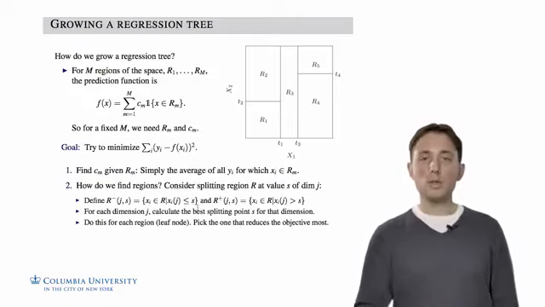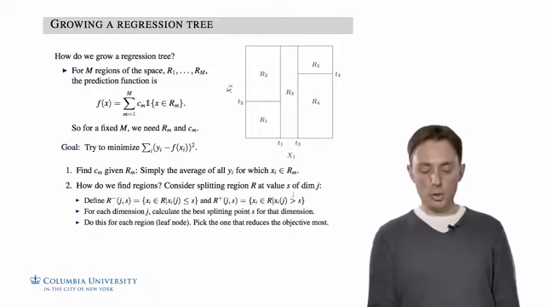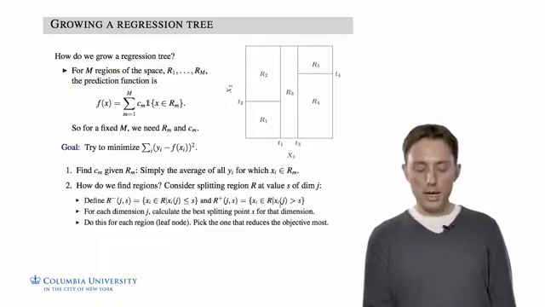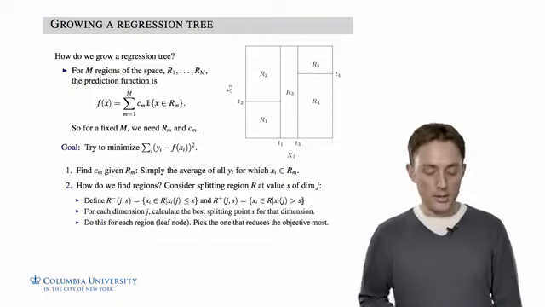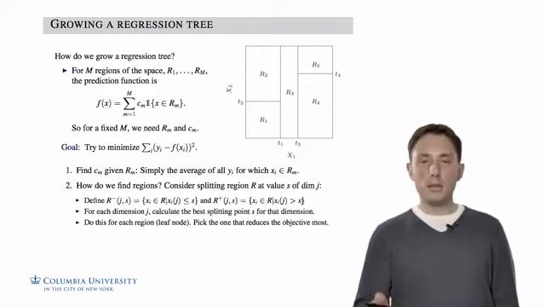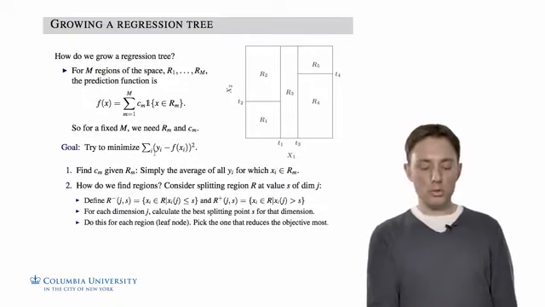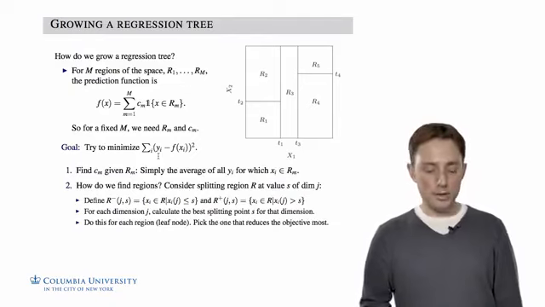So we say the resulting partition would put all of the data in region R into either the negative group or the positive group, depending on the value in the jth dimension and how it compares with s. We then update the proposed prediction, so the proposed value for C, if we made that split, and we look at how much we would reduce the resulting objective, the sum of squared errors.